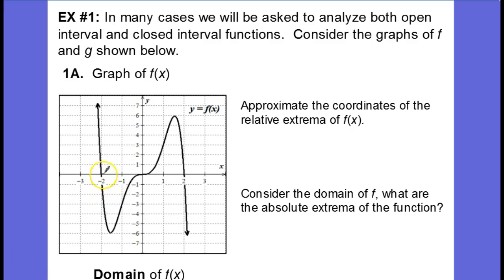In example 1, we have a function y equals f of x over the domain of all real numbers. They want me to approximate the coordinates of the relative extrema.